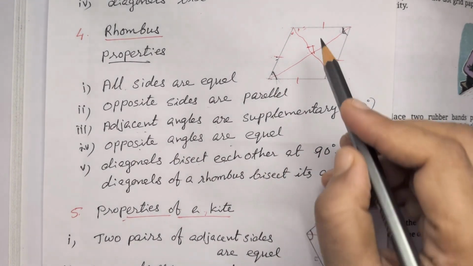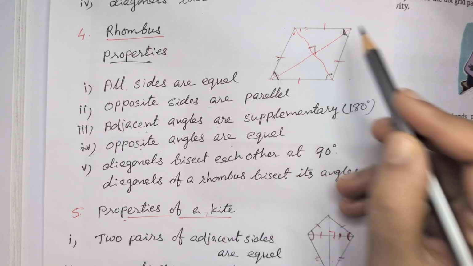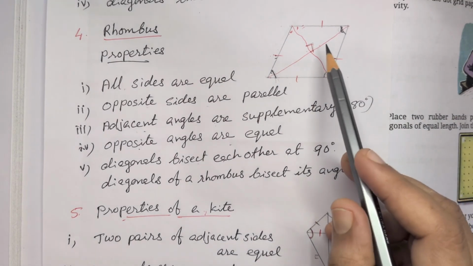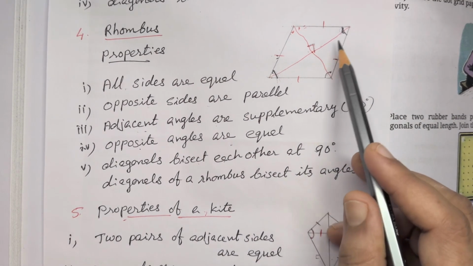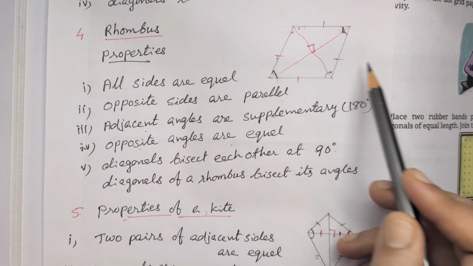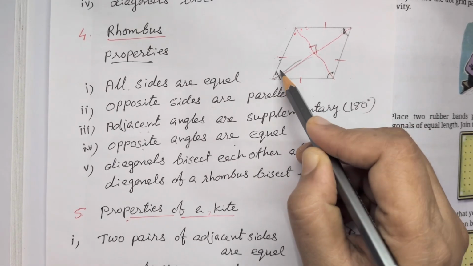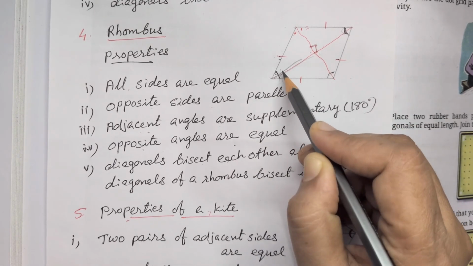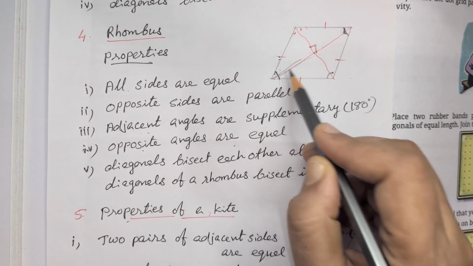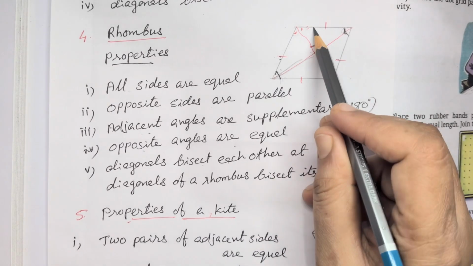Diagonals bisect each other at 90 degree, and also diagonals of a rhombus bisect its angles. This diagonal bisecting this angle in two equal parts. Same way, this diagonal bisects this angle into two equal parts.